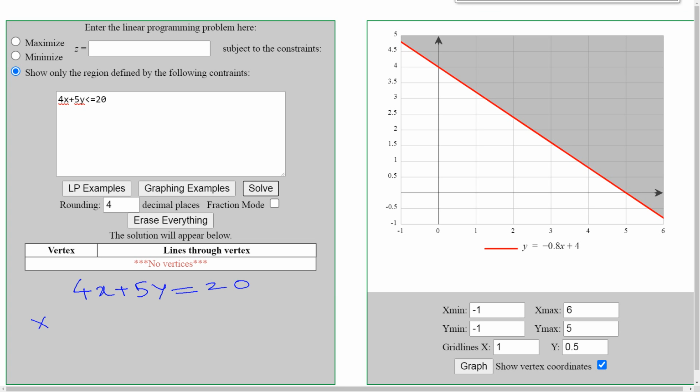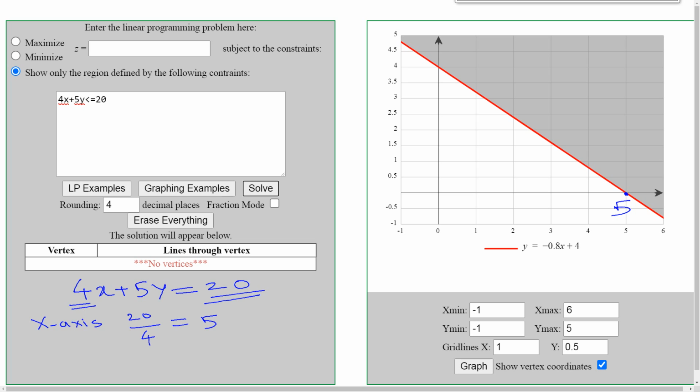Point on x-axis is given by c upon a. This is value of c and this is value of a. So 20 upon 4, which is equal to 5. So point on x-axis is 5.